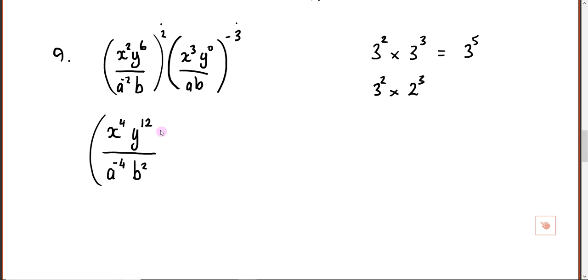Okay, going to leave it like that for a moment. This one, x to the power of 9, y to the power of 0, a to the power of -3.